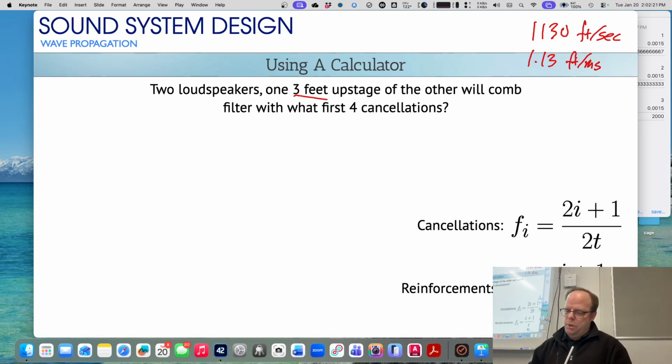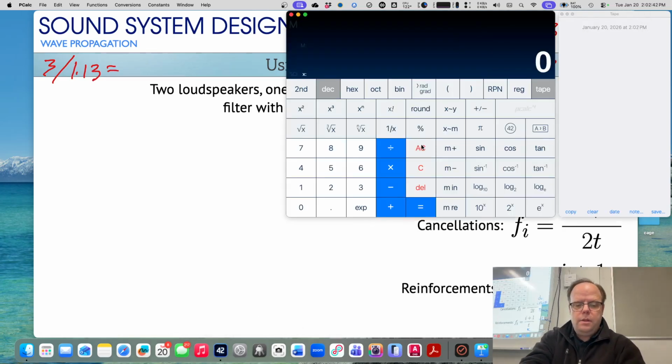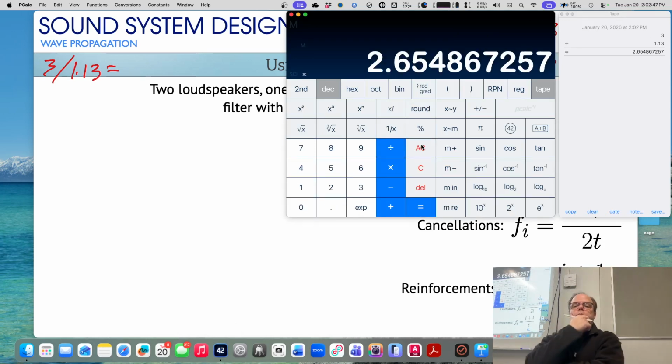Okay? So if we want a smaller number, the only question is, do we multiply or divide that 3 feet by 1.13? Yeah, we want to divide because we want a smaller number, right? So I'm going to say 3 feet divided by 1.13. What is that? 3 divided by 1.13 is 2.654867.